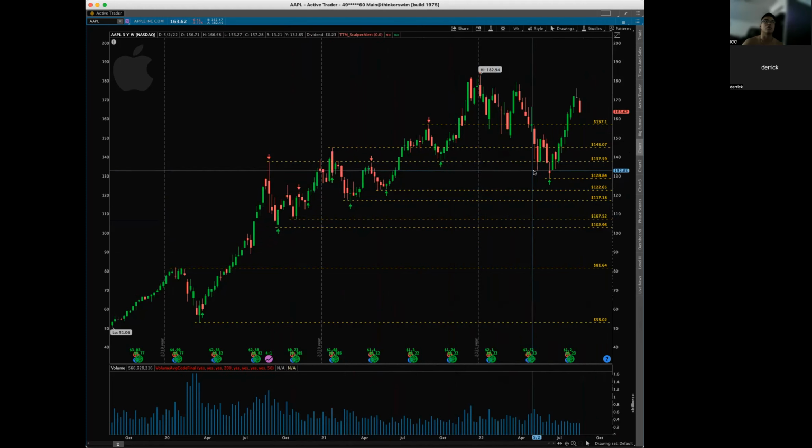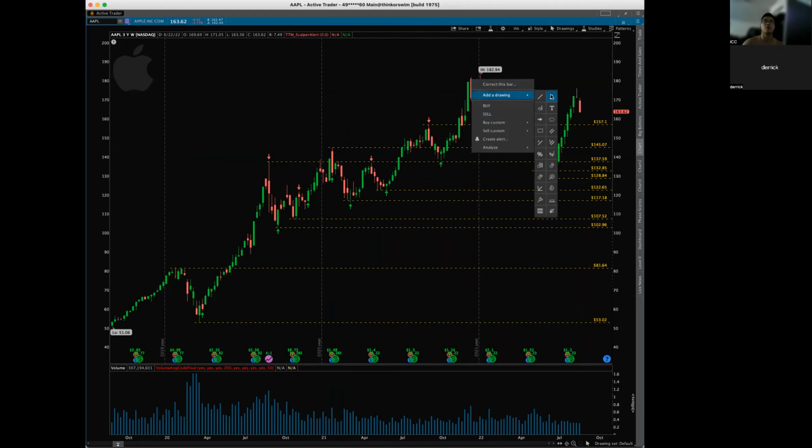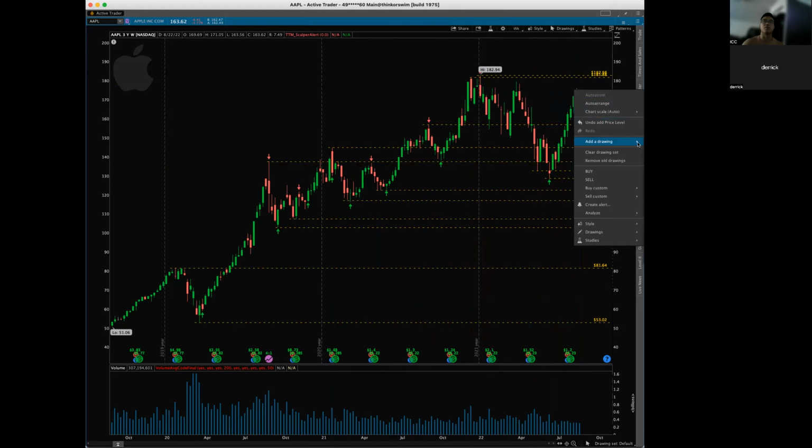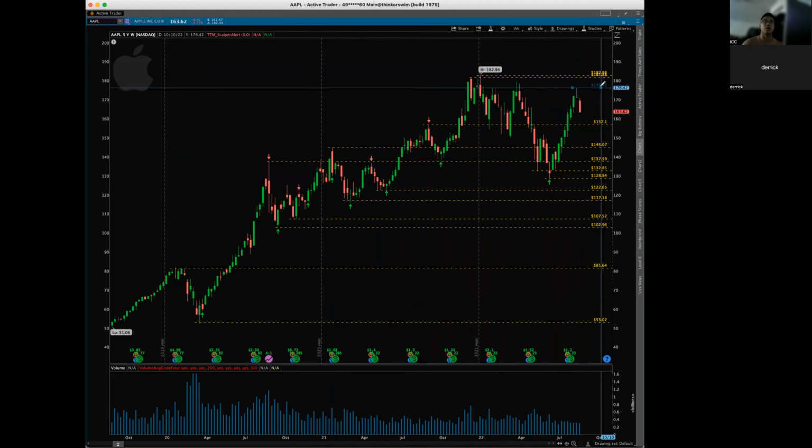But this is just for you to understand where buyers and sellers stepped in very strong based off the weekly chart, right? Remember, weekly chart is an entire week's worth of action. So it gives you more strength or confidence in terms of understanding these supply and demand zones.